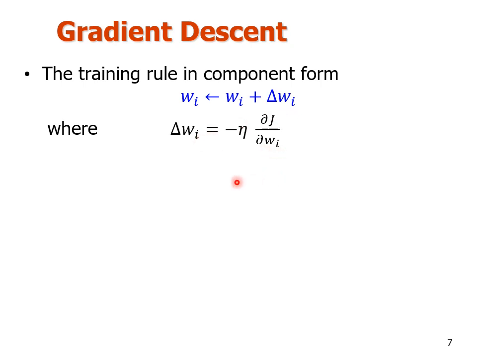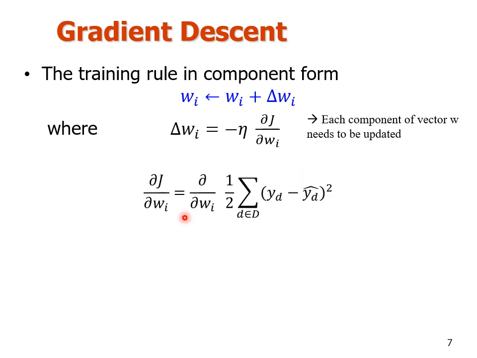Further, this partial derivative of j with respect to wi is computed with this expression: the partial derivative of half summation over d that belongs to capital D, yd minus yd hat whole square, with respect to wi.